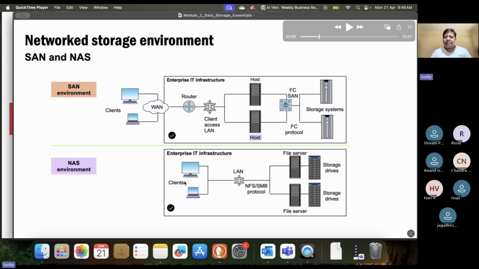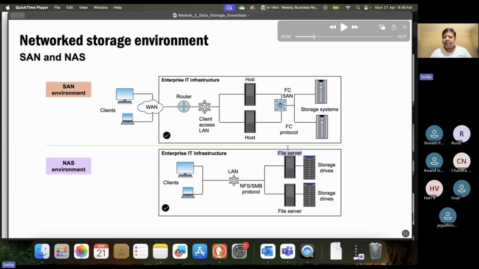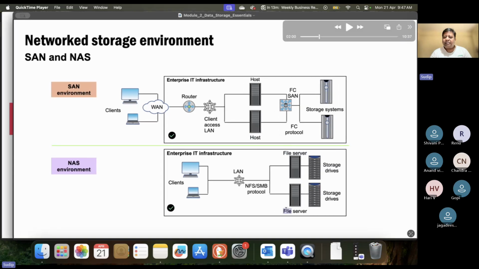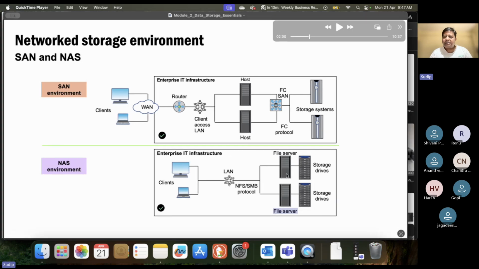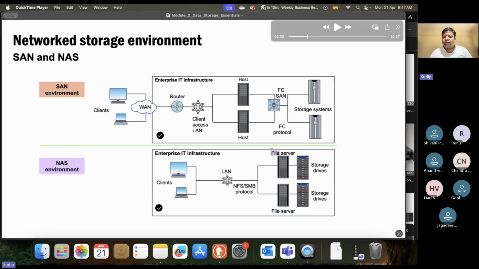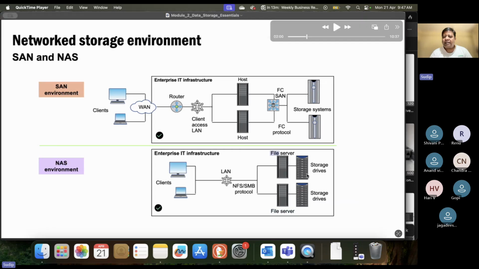Whereas in a NAS, the file system is maintained by the storage itself, and hence the storage acts as a file server. If you see here, there is no mention of any host or server. Why? Because since the storage system has control of the files and knows exactly where they are stored, users on the network can directly access these files without needing any server or workload in between.